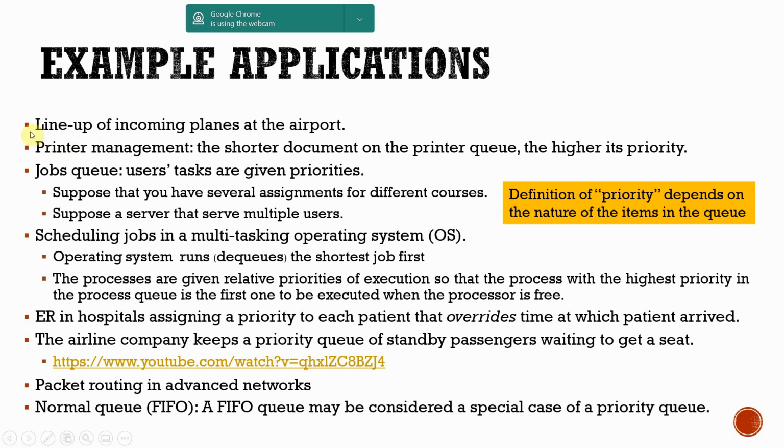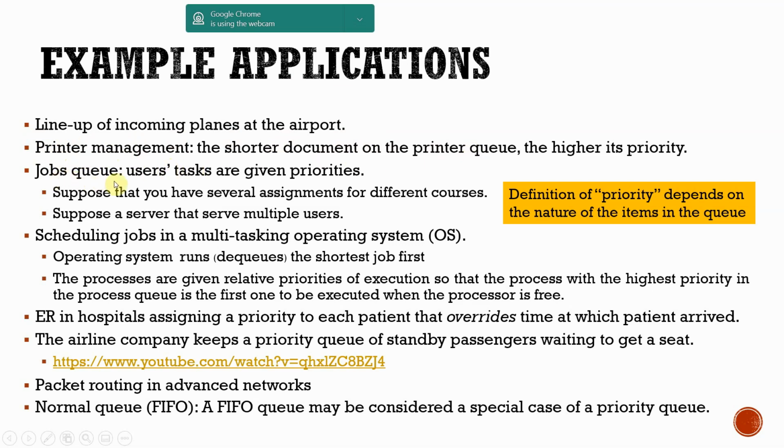Or a printer might assign some priority to every job it has to do. Let's say if it has shorter documents that can be printed very fast, they might have higher priority.